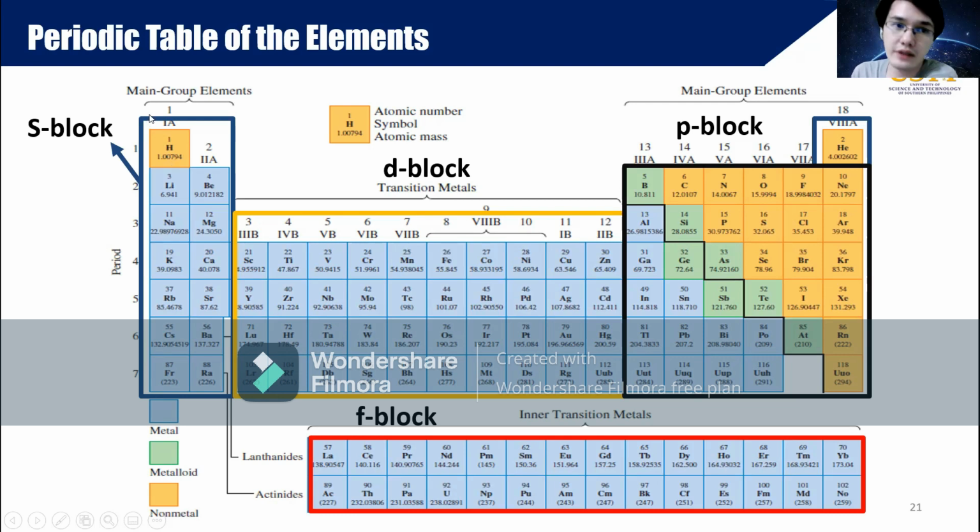For example, here we have the S block, which refers to how electrons are arranged in itself. So the S, P, D, F blocks refer to the quantum arrangement of electrons in these certain elements.